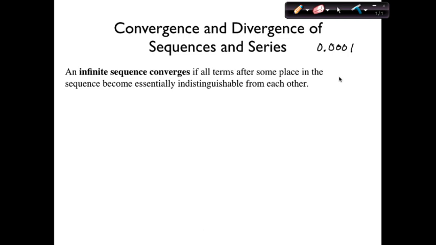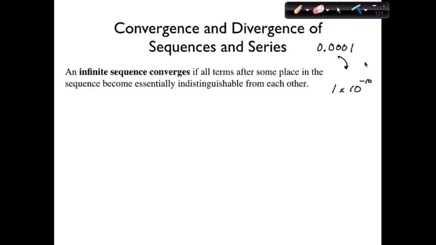But then this works for any degree of closeness. So you can take 1 times 10 to the minus 10th, like 0.0000000001. Somewhere in the sequence, it has to get that close and then always be that close after that.